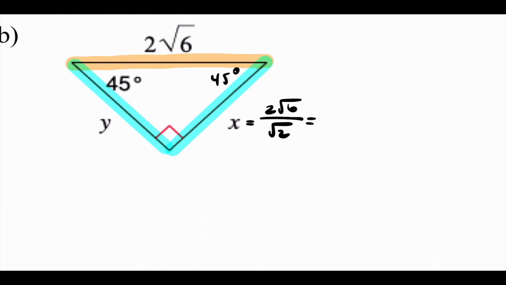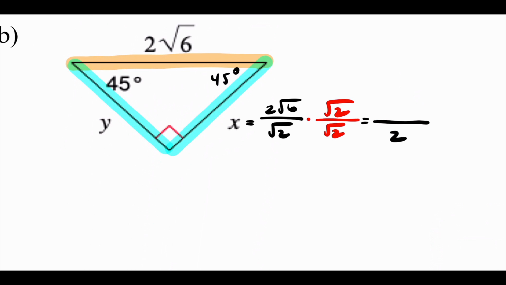You can do this 2 ways. I got a square root on the bottom, right? When I have a square root at the bottom, what do I do to get rid of that? Multiply by the square root of 2, right? So the bottom is just going to be 2.